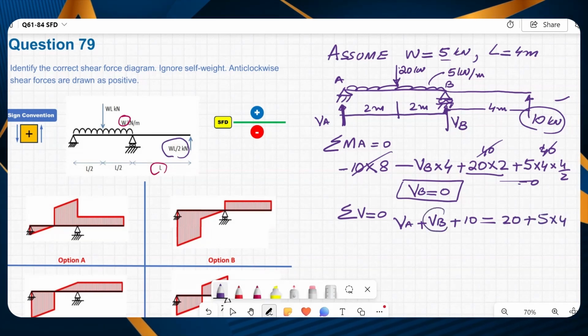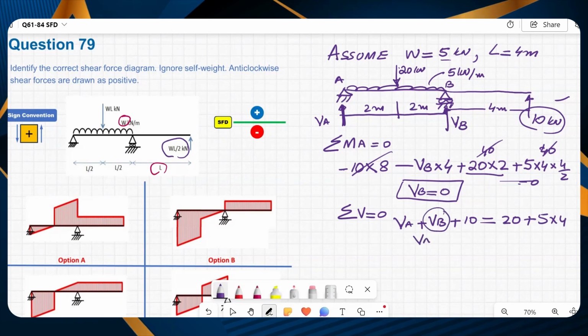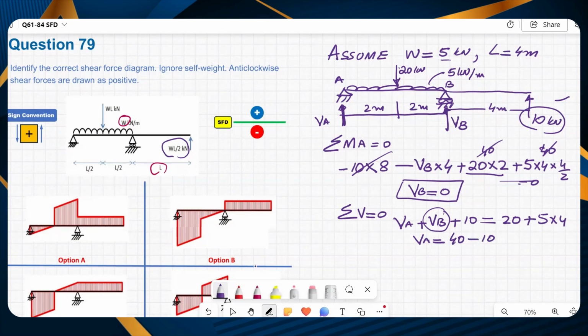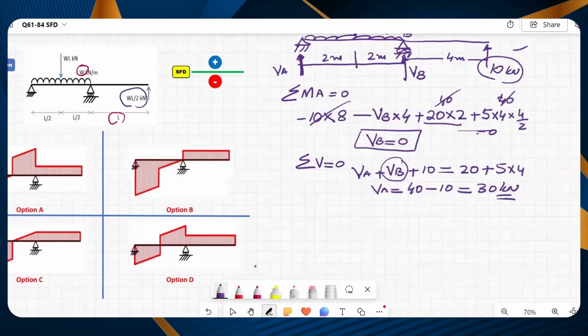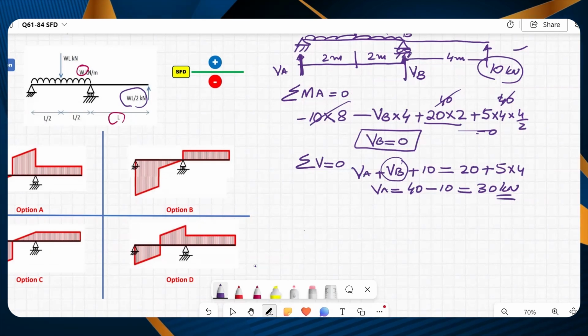So VB is 0. VA will be equal to 40 take away 10. This is equal to 30 kilonewton. So now we have these forces. Once we have these forces, then we can plot the diagram very easily.